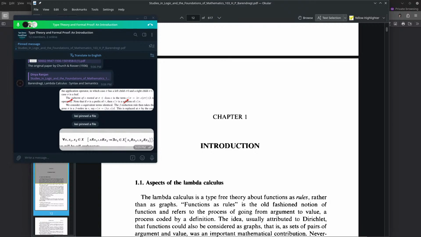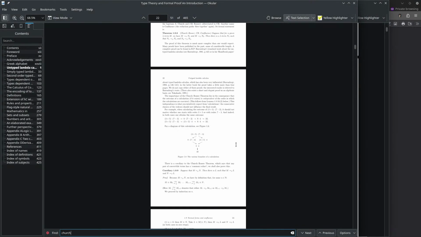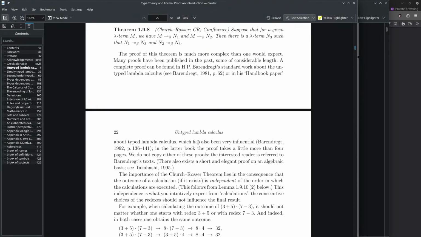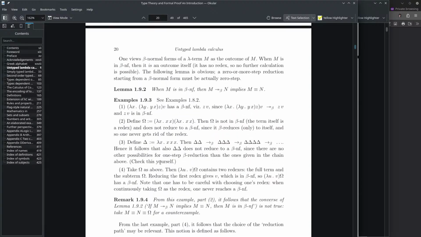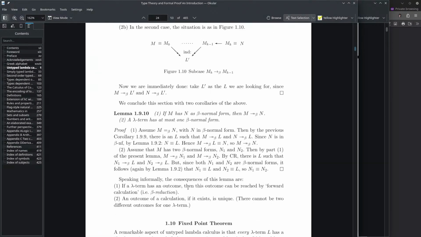So another thing that I was wondering is, because we will be getting into Church-Rosser pretty deep, what about the rest of the stuff that's left in the chapter, which is just one section about the Y combinator, the fixed point theorem, Theorem 1.10?